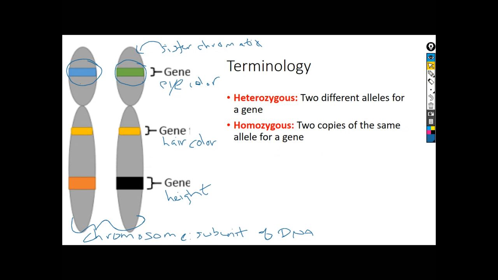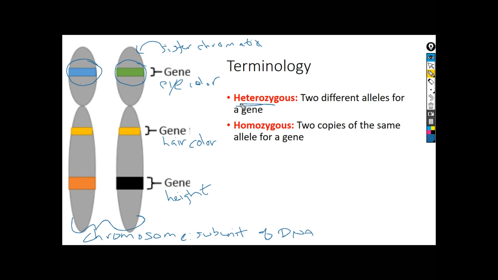So let's look at these alleles a little more. If I have 2 alleles, 2 variations of a gene that are different, like my eye color one, you see I have a blue one and a green eye color one. So those are 2 different alleles.